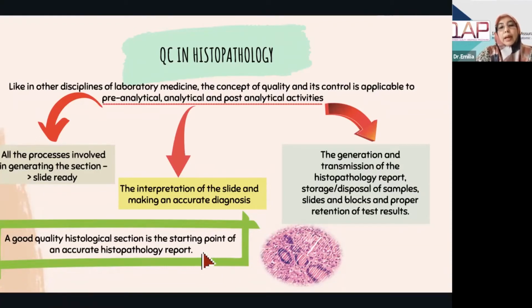That is the pre-analytical process. The analytical process is the interpretation of the slide and making an accurate diagnosis by the pathologist. The post-analytical process is the transmission of the report, the storage, the disposal, the retrieval of the test results, and so on. I think everyone agrees that a good quality histological section is the key point of an accurate histopathological report.